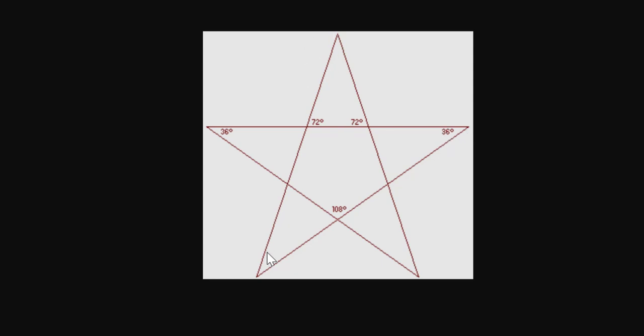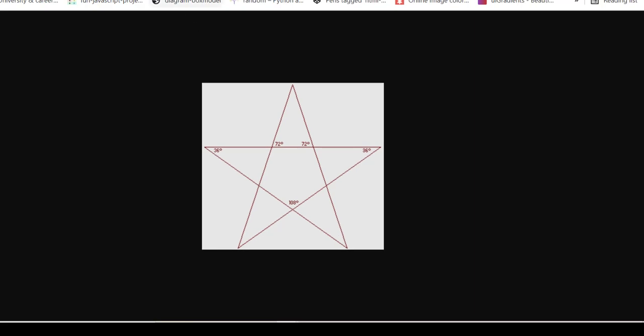Since all the sides of the star are equal, I'll keep an equal number of steps while moving the turtle. And now it is clear that I have to turn my turtle by 144 degrees, and since there are 5 points, I have to repeat the steps 5 times. Let's do it.